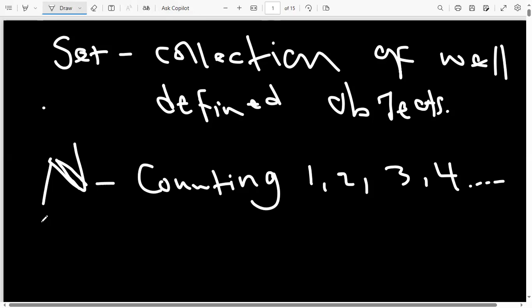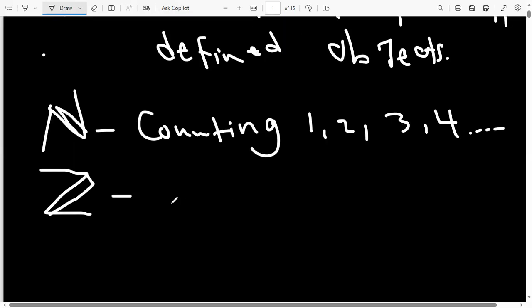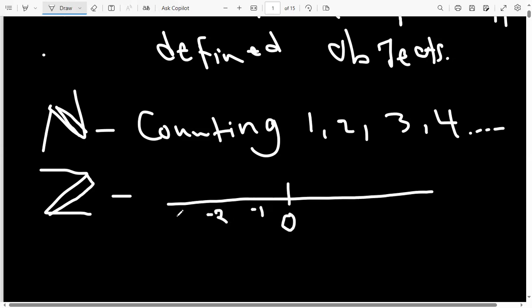And then we also have what we call the integers. These are the famous numbers that you used to see on the number line, except that you don't have fractions. You have negative numbers like this, you have positive numbers like that, and then you also include 0.